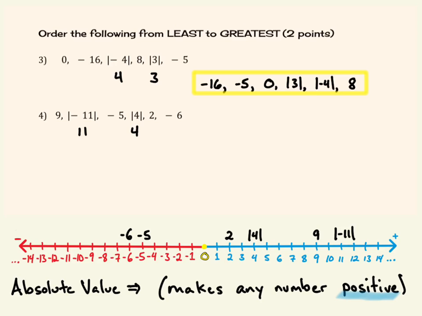Absolute value of -2 is on the number line, and then -6 is on the number line. So now I can see what their order is on the number line. And so from least to greatest, I start off with -6, -5, 2, absolute value of 4, 9, and absolute value of -11 as my answer.